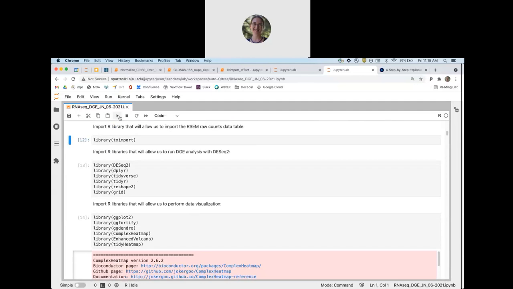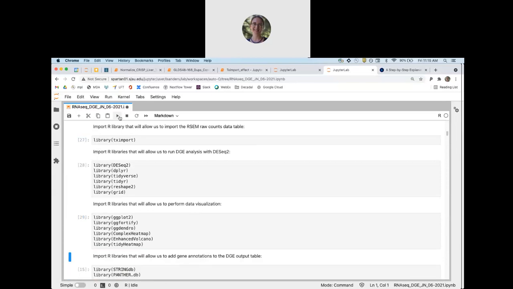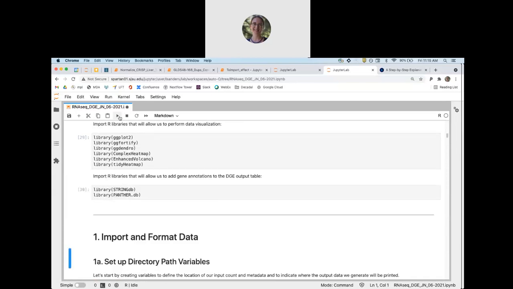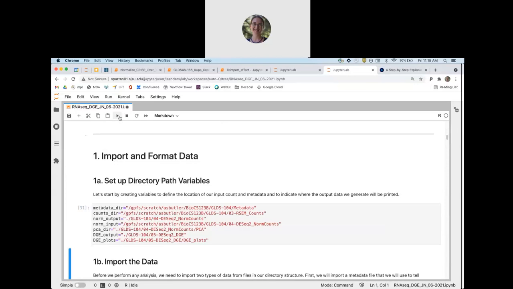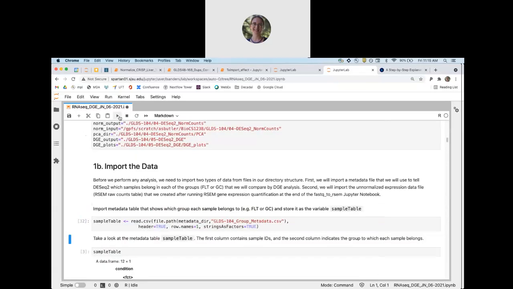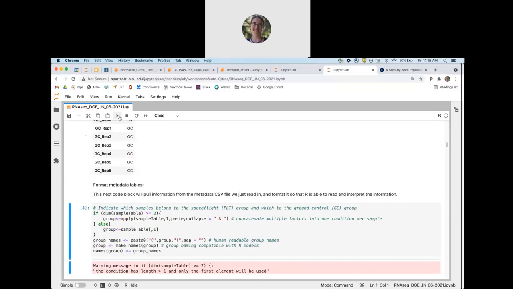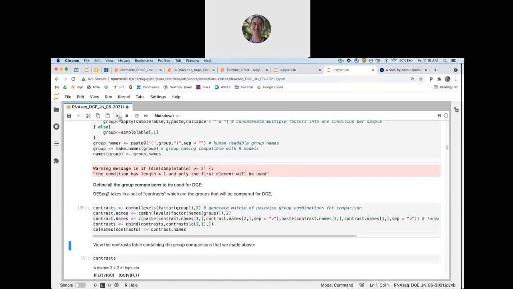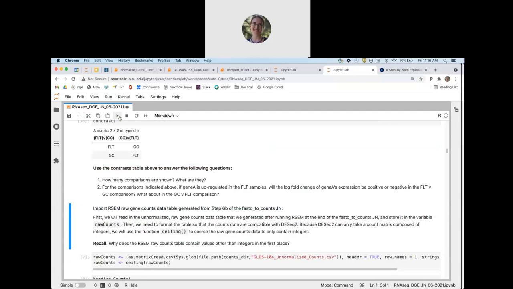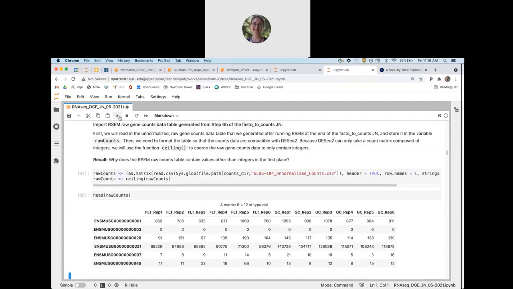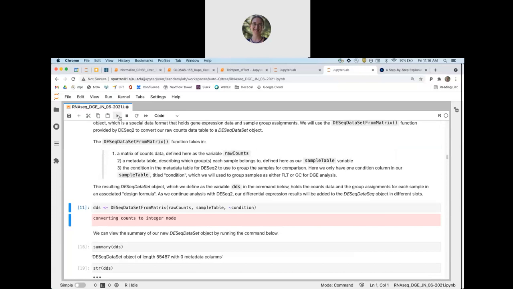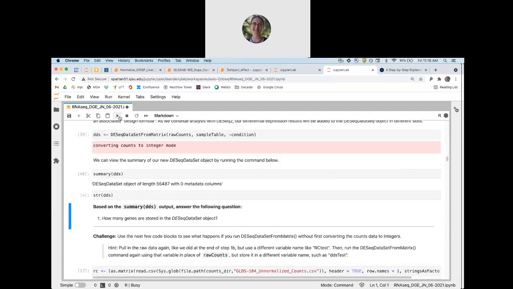So please go ahead and run through all of the cells that we ran yesterday, all the way through the end of section 1. So that's the part where we wrote out our DESeq dataset object.